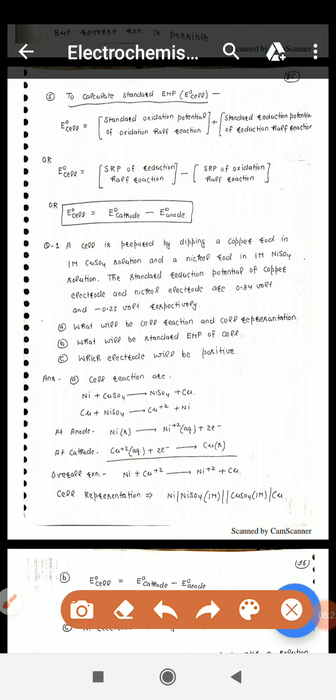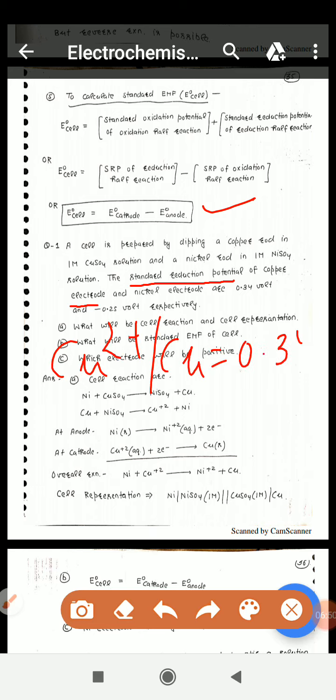Now, secondly, what will be the standard EMF of the cell? We use this formula. The given values in the numerical are the standard reduction potential of the copper electrode, 0.34 volt, and the standard reduction potential of the nickel electrode, minus 0.25 volt.